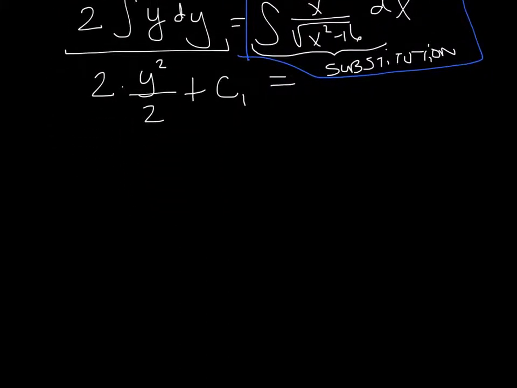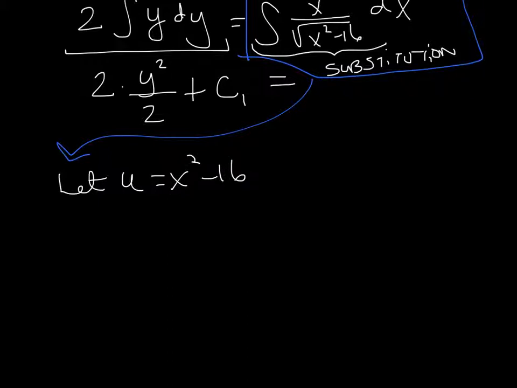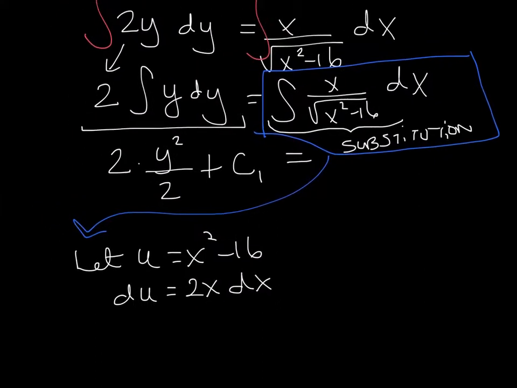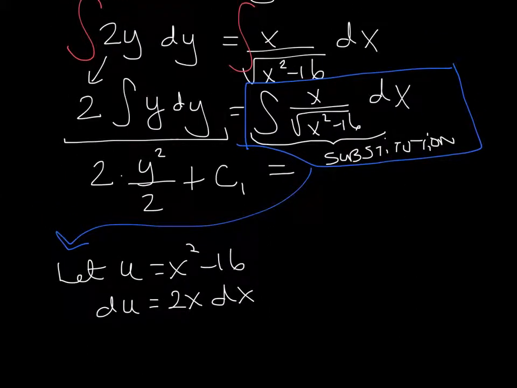So if we focus on this integral, I'm going to let u be x squared minus 16. So du is 2x dx, plus a constant of 0, because the derivative of negative 16 is 0, but we don't have to write that. Now, our goal is to write this integral in terms of du.